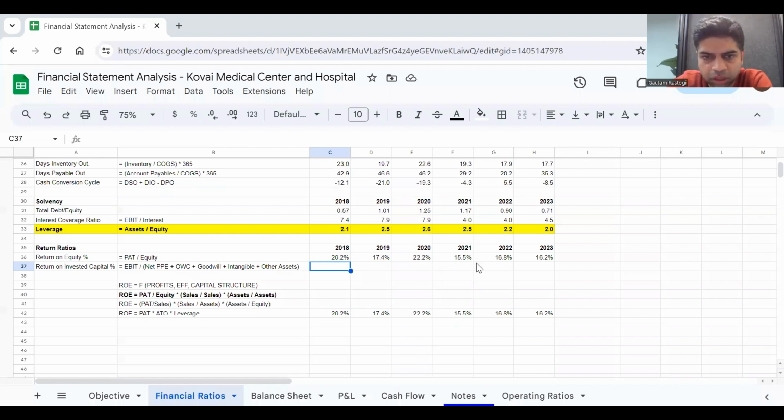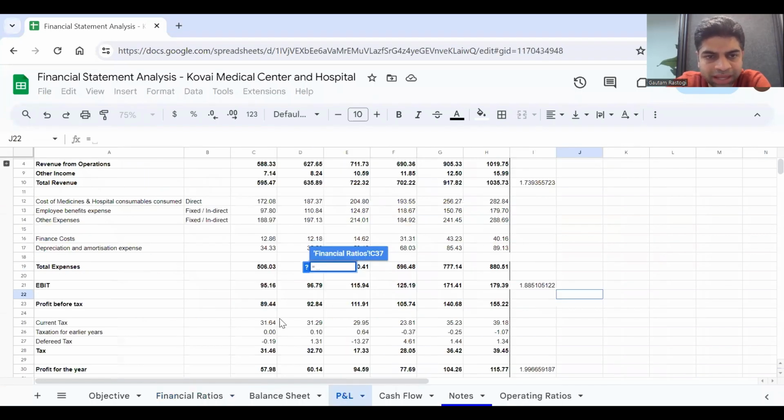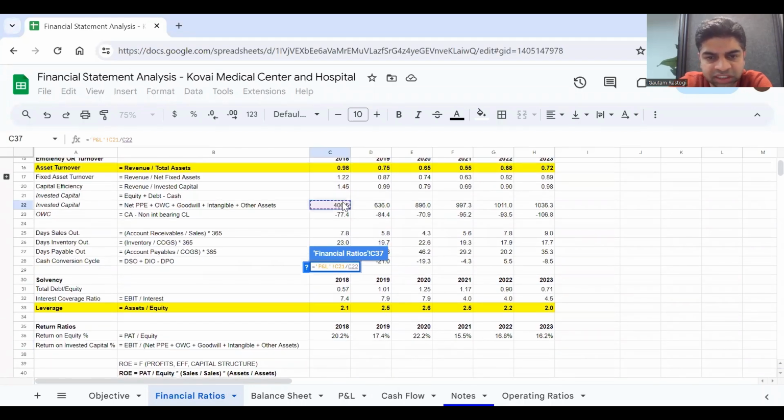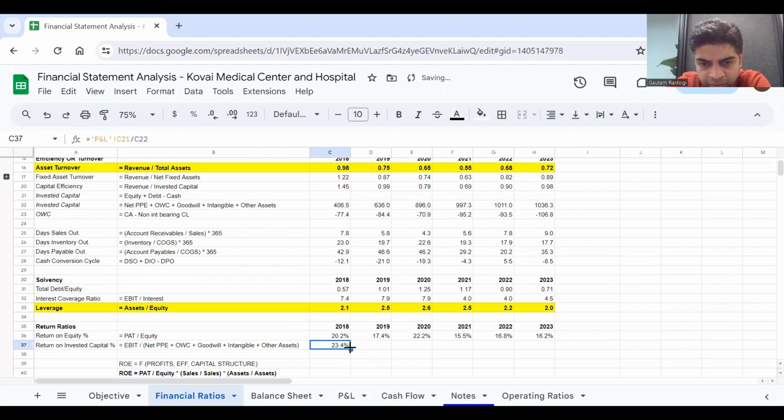So now let's estimate the ROIC, return on invested capital. We already have the EBIT here, divided by invested capital. Invested capital, we've done a lot of hard work to estimate. So this is the invested capital.